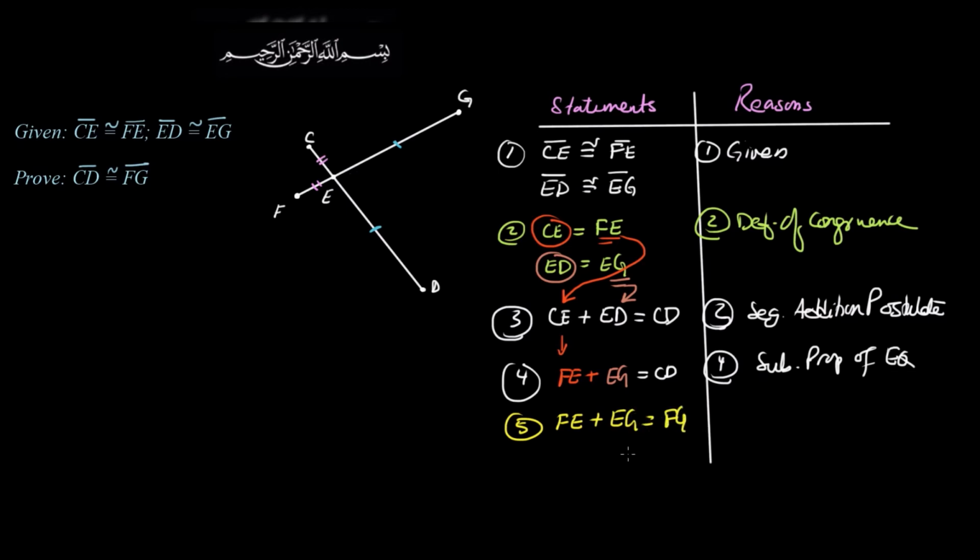Now why do we know this? That's because again of the segment addition postulate. So I can write this over here. I'm hoping I got the numbers right here. So this is again the segment addition postulate. I've used the segment addition postulate two times.